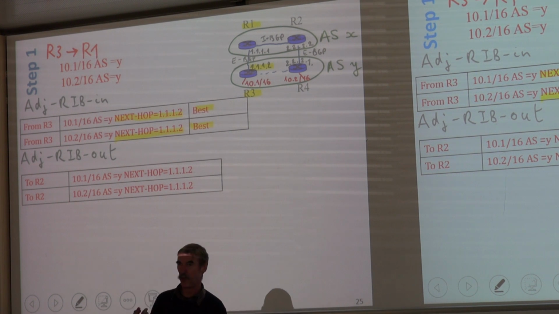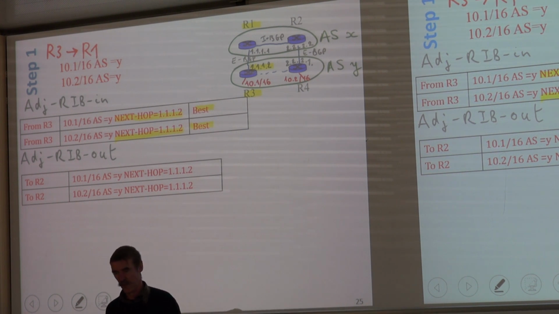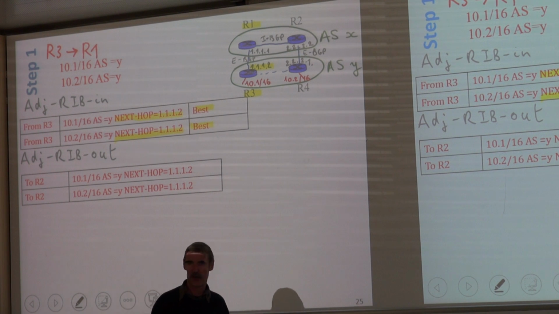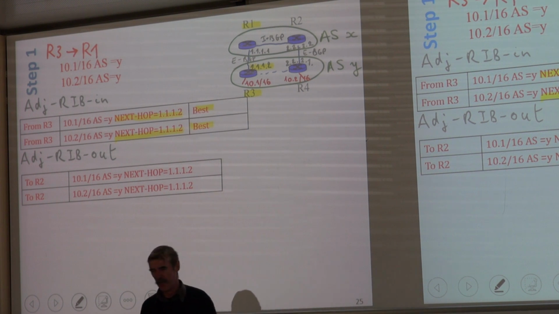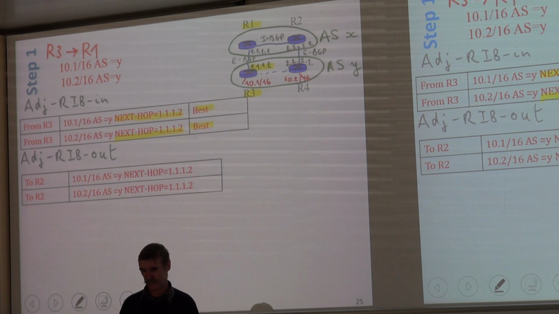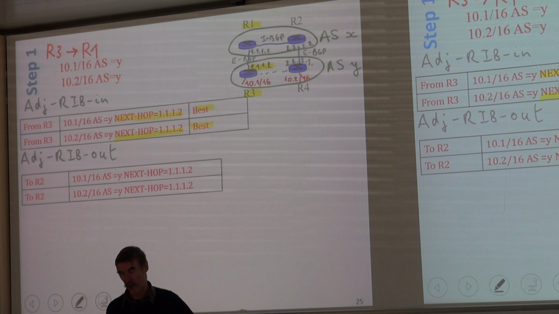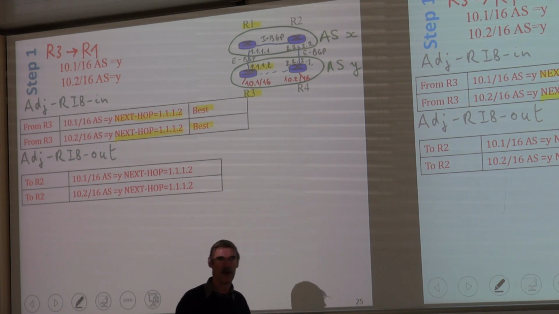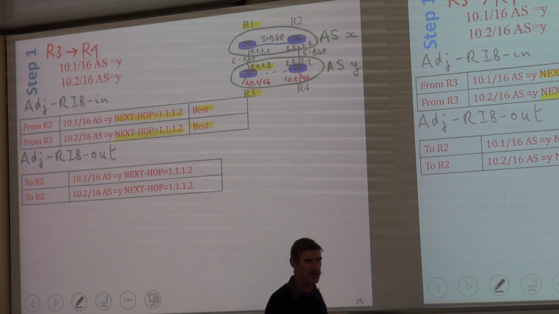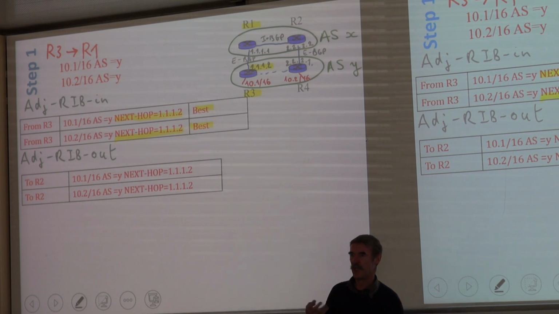R1 needs to export those to all its neighbors. Who are the neighbors of R1? They are all the BGP routers inside domain X, here only one, R2, and also all the external neighbors like R3. So R1 will need to pass the information to everyone. Of course, it will not pass it to R3 because it is coming from R3, and that's easy to see, in fact, because we have the AS path list.